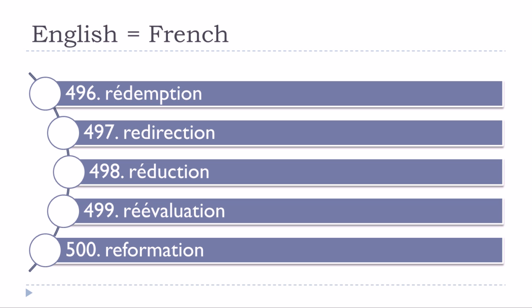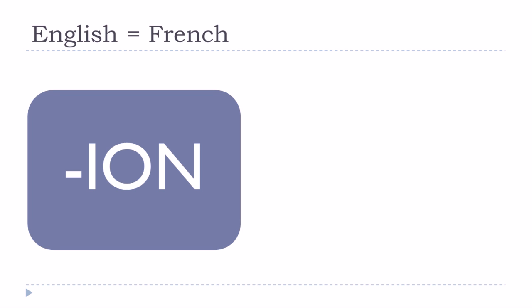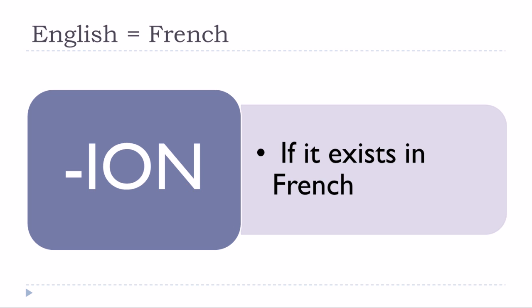Reform. Identical words in English and French, and we were talking about the words in English that end with EON, okay? And that will be the same but only if they exist in French, because all the English words ending with EON, well, they don't all exist in French.